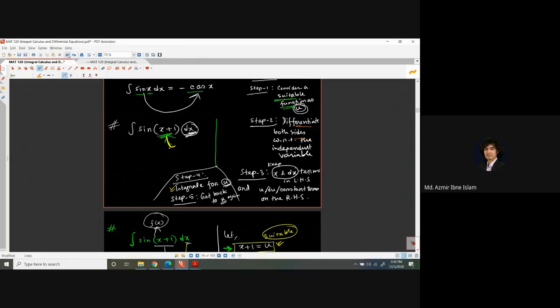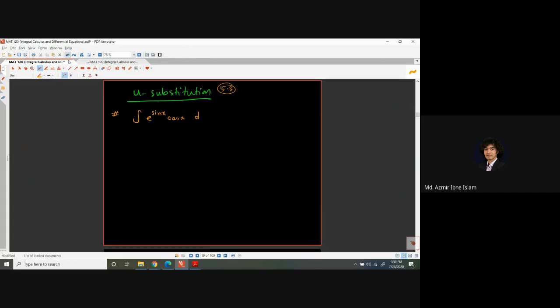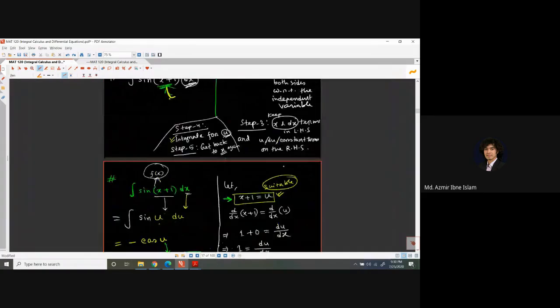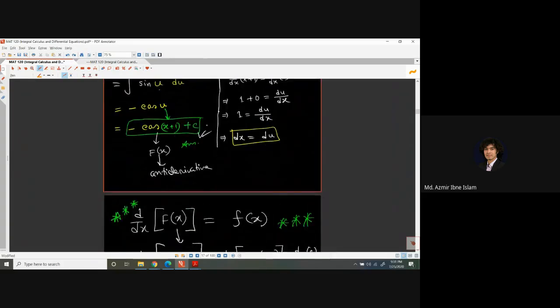Then we need to keep the x terms and dx terms on the left side and the u and du terms on the right side. Finally, in step 4, we will try to solve the integral, and then after finding the antiderivative for u, we have to get back to x. So this is called the u-substitution method.